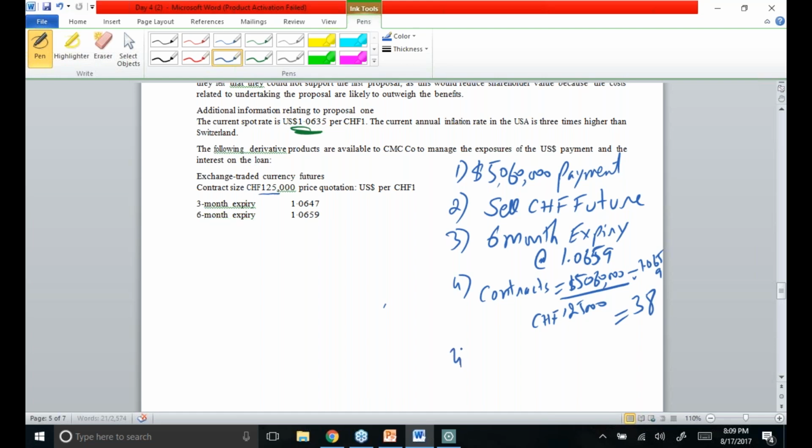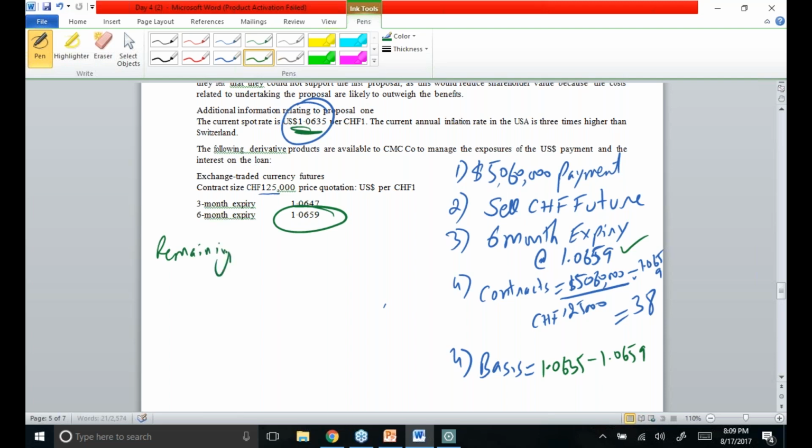Okay, the next step is to calculate basis. And basis will be the current spot rate, that is 1.0635, and the opening future, which you have selected.